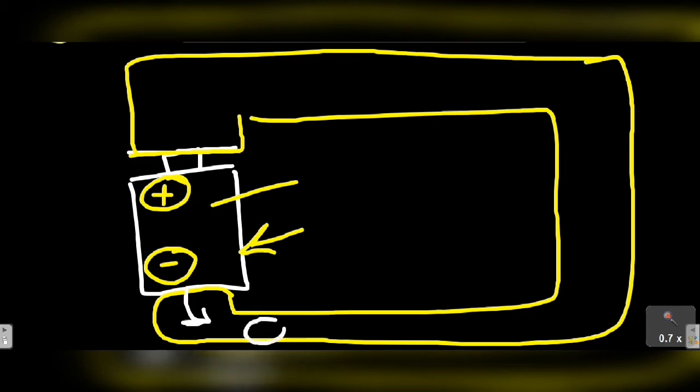So the drawing in white is a representation of the electron that was initially in the wire, not the electron that is coming outside the battery. As that electron coming outside the battery gets into contact with the electron that is in the wire, there will be a force of repulsion.